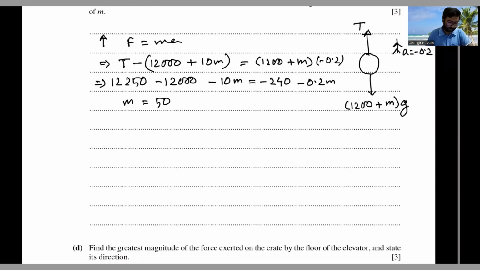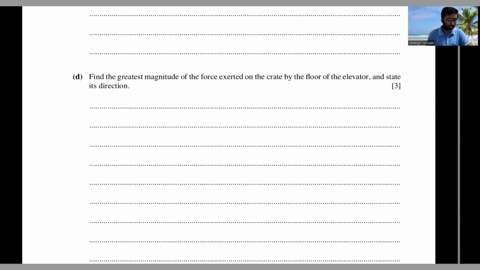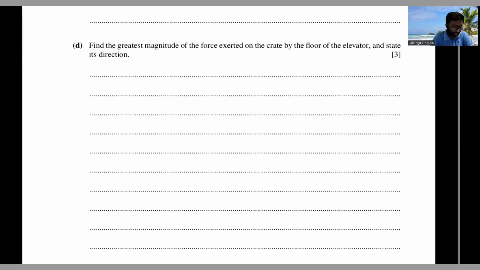Okay, that's part C. Now let's move on to the next part. In part D, find the greatest magnitude of the force exerted on the crate by the floor of the elevator and state its direction.